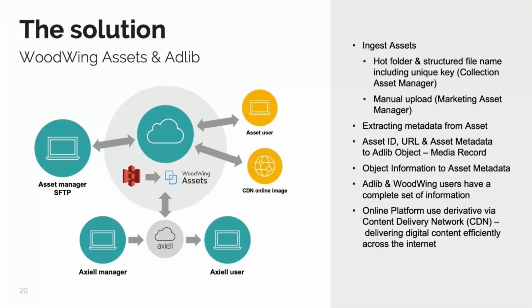WoodWing assets will deliver an image URL, including image metadata, to the object, and it will retrieve object information and place it in metadata fields. So both systems have a complete set of information which can be used to find assets, but also can be used in their asset-related processes.